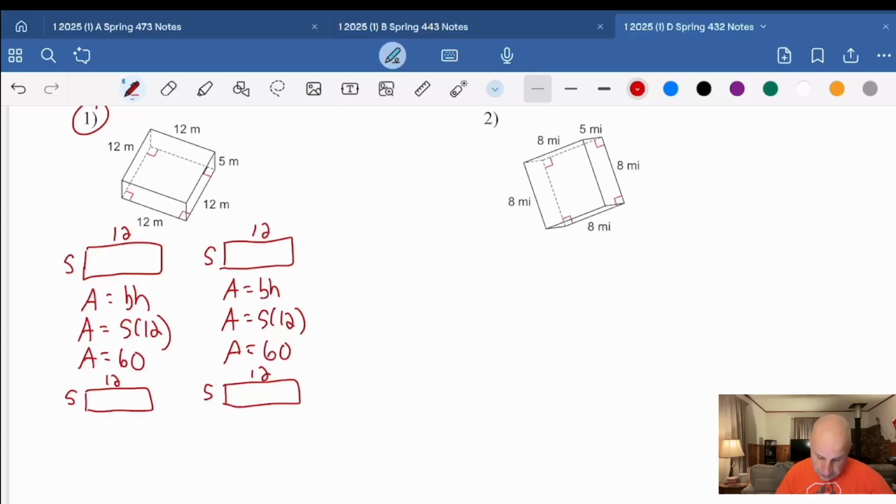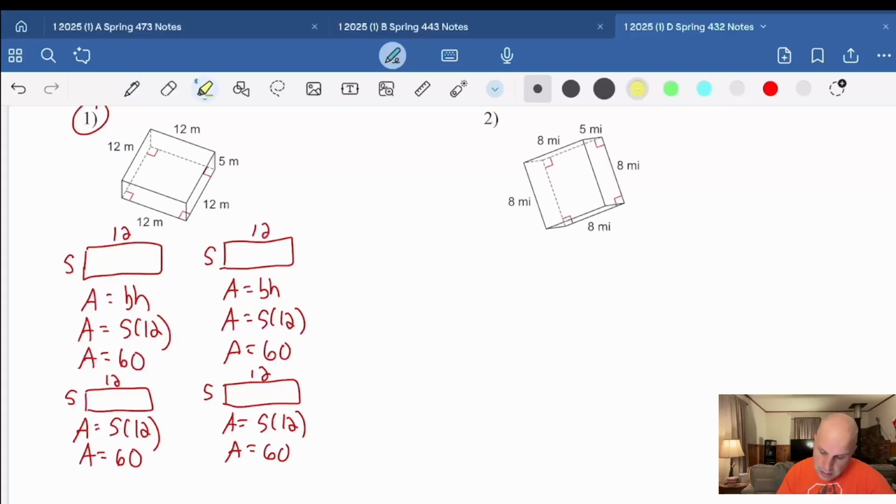You don't have to write out that formula every single time, maybe just for the first one. I'm okay with you just saying now, area is 5 times 12, so that's 60 for this one, and 5 times 12 is 60 for that one. So far we found the areas of 1, 2, 3, 4 rectangles.